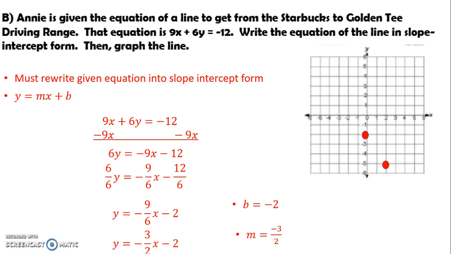Then I go in the opposite direction to extend my points so I can get a good line: up 3 and to the left 2, up 3 again and to the left. Now I have some good points, and I'm just going to draw my line. So now I have written the equation of the line in slope-intercept form, and I have graphed the line.